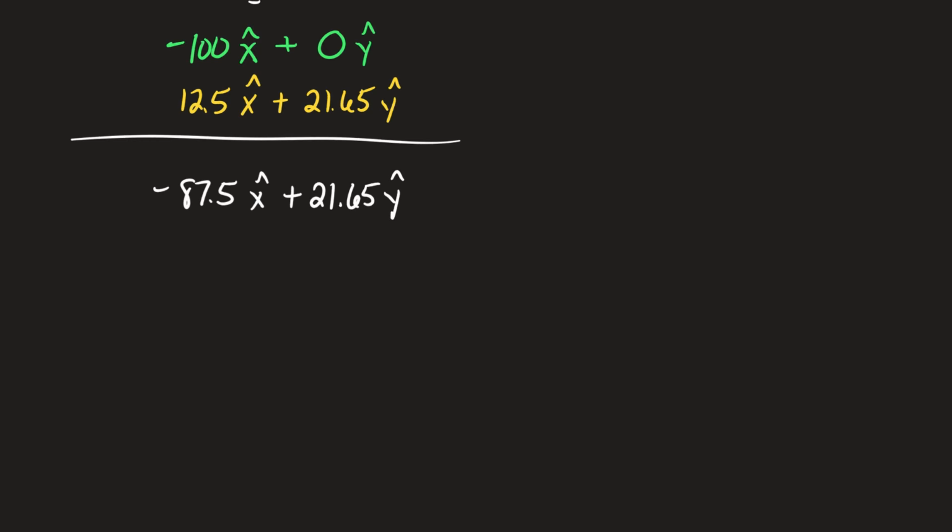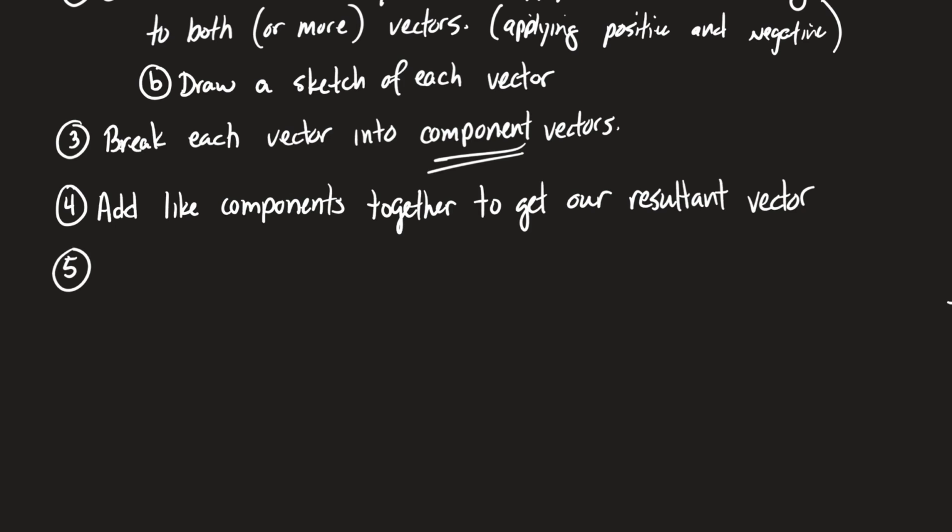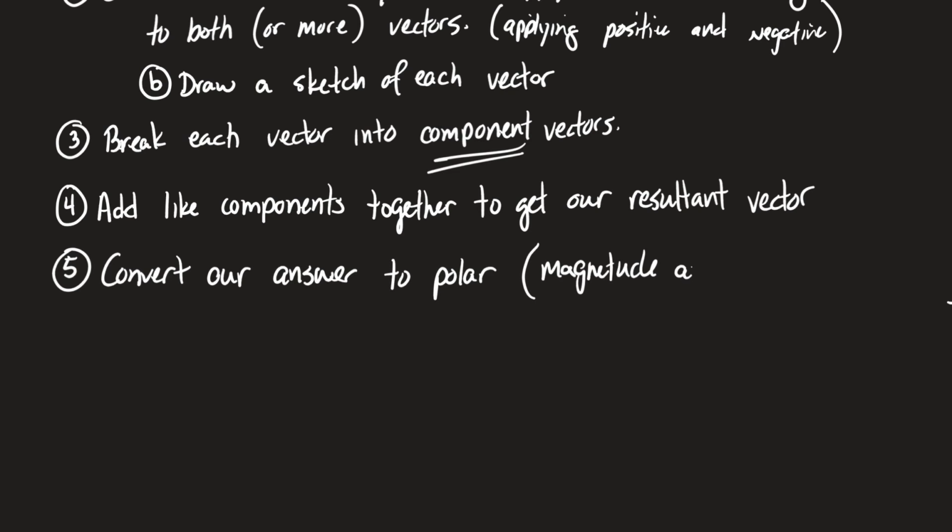We're not done because it's not being expressed as a magnitude and direction. But it is the actual answer. It's just that it's in rectangular form and not polar form. So my last step is to convert our answer to polar, meaning magnitude and direction.